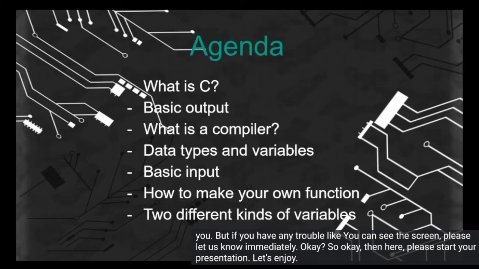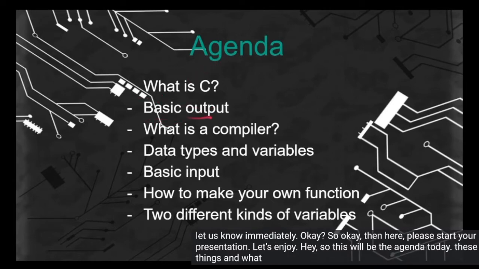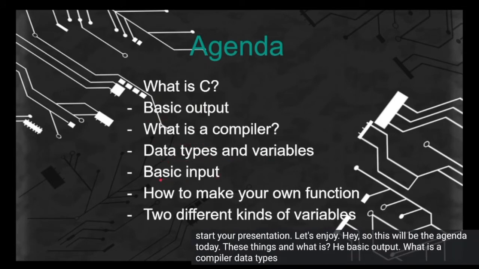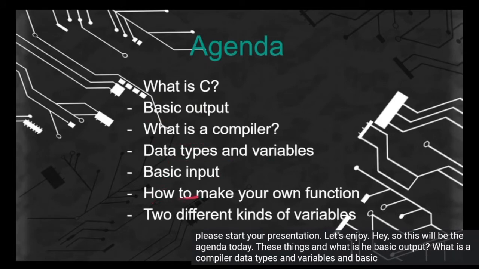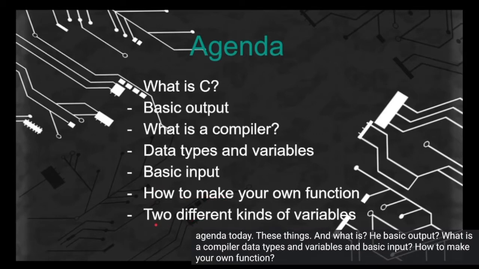Okay, so this will be the agenda today. These things: what is C, basic output, what is a compiler, data types and variables, basic input, how to make your own function, and 2 different kinds of variables.